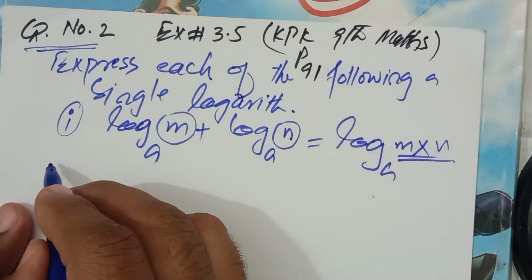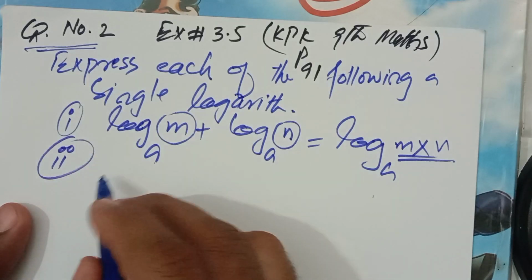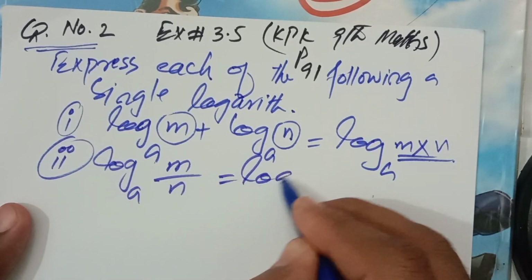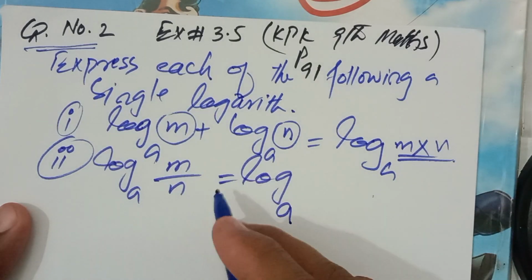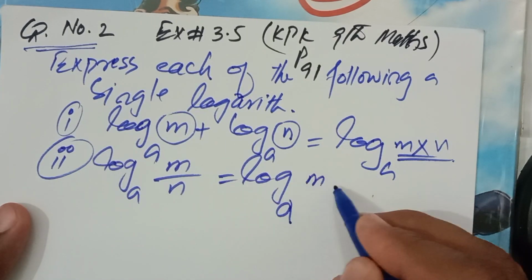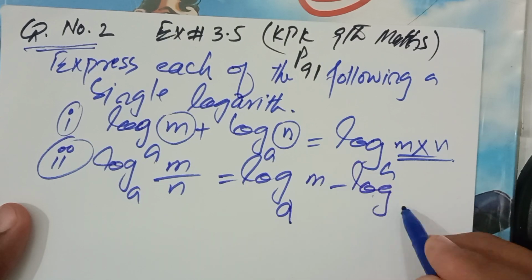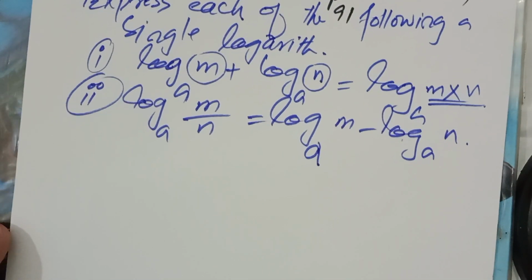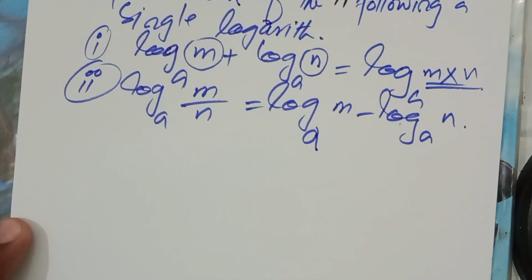This will be the first rule. Secondly, if we have log with base a of m divided by n, we will write log with base a of m minus log with base a of n. Clear? That is the second rule.